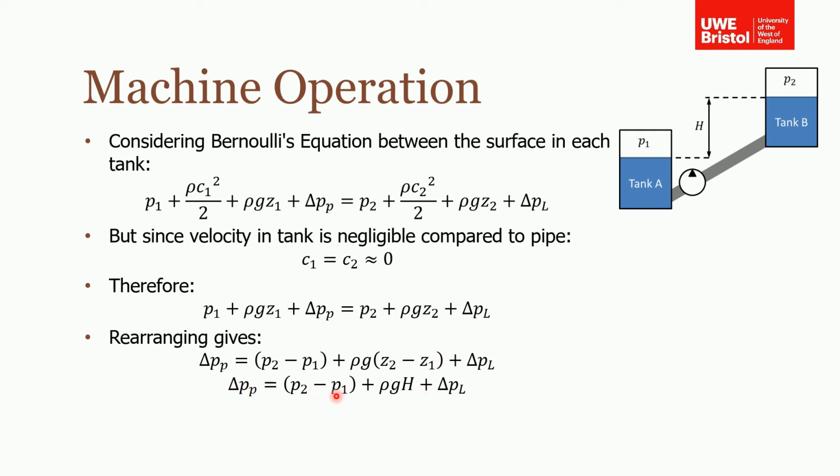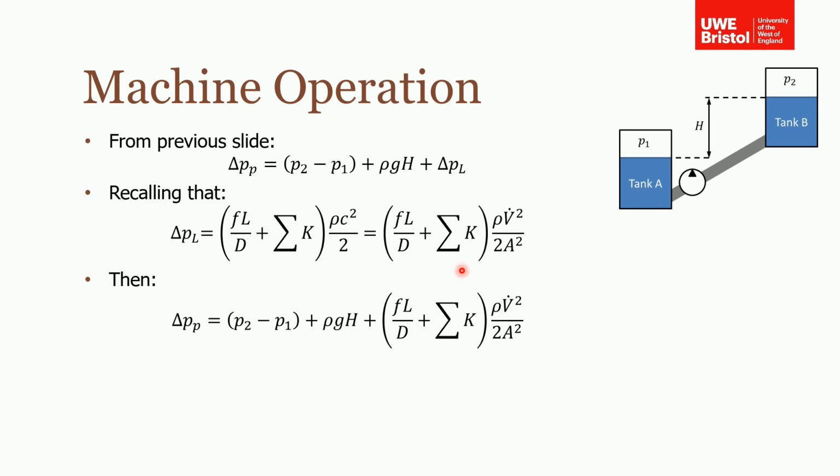So this is what the pump is going to overcome, as we said: the static pressure between the two tanks, the potential increase, and also the pressure losses. From the previous slide, this is what we had. Now, if we recall that we know what the pressure losses are, this is a generic equation.